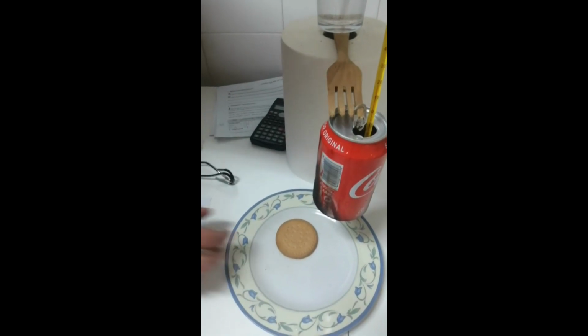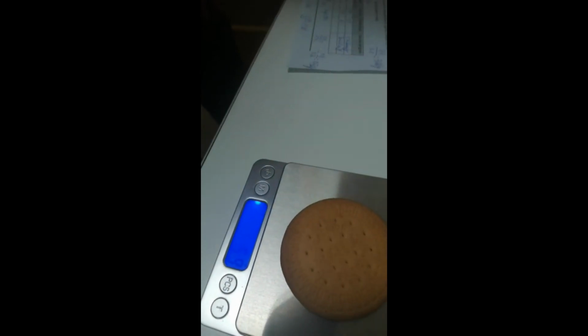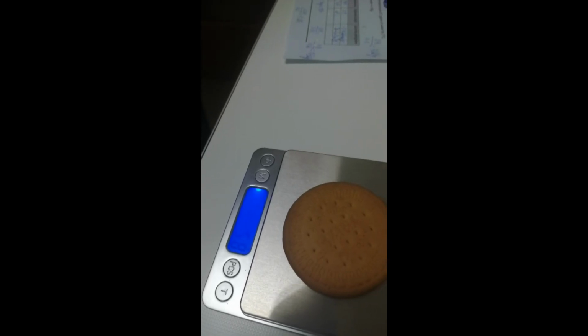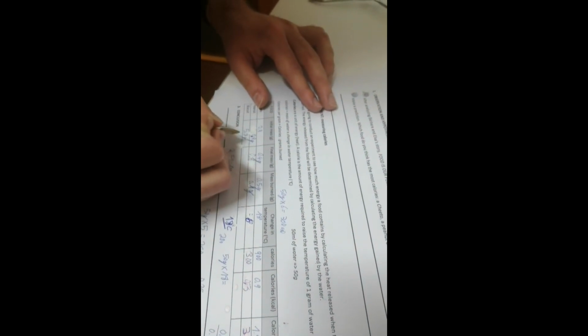Now we are going to weigh the biscuit on the digital scale. 5.8 grams, and we are going to burn it.